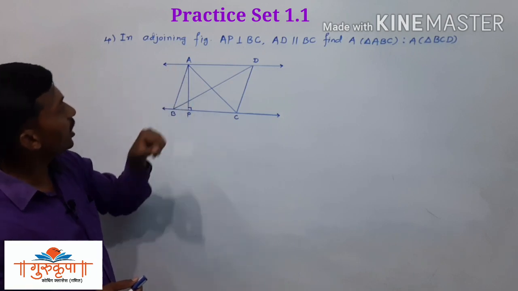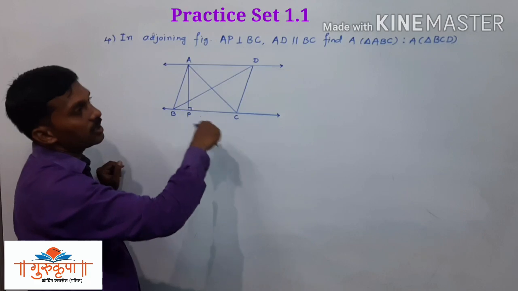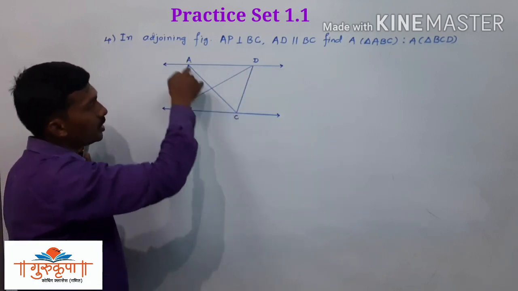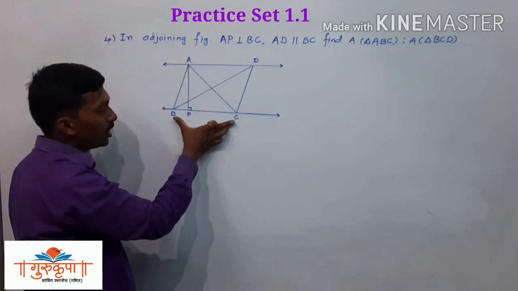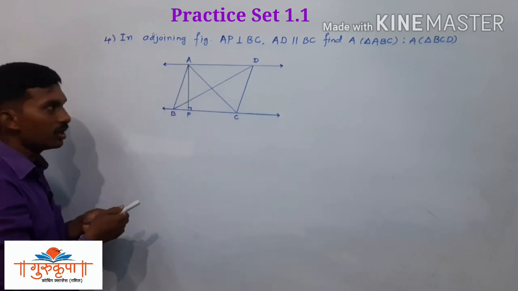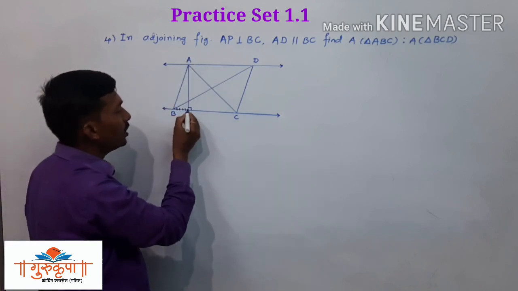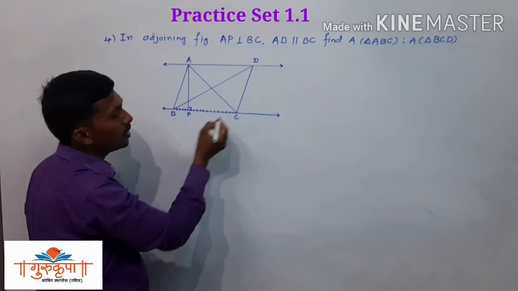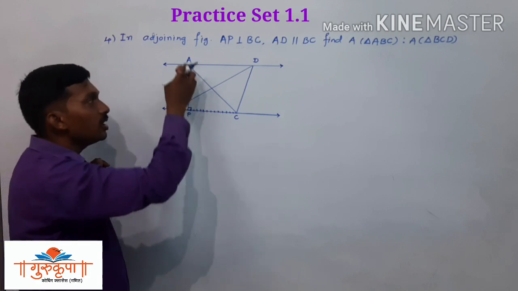Now here see the diagram. In the diagram we have to see triangle ABC and triangle BCD. In this triangle ABC, suppose we consider that BC is the base, then the height of this triangle is AP.